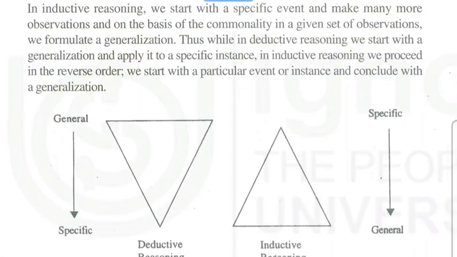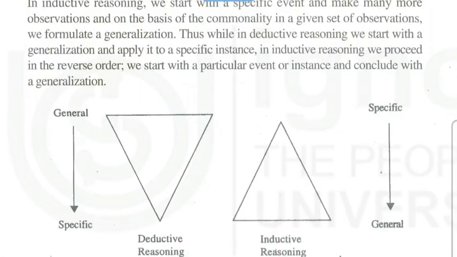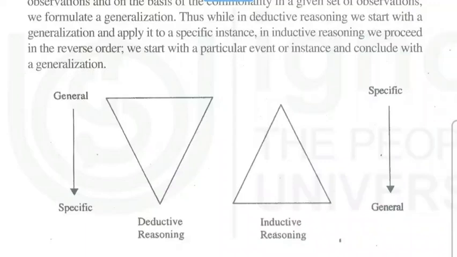Thus, while in deductive reasoning we start with a generalization and apply it to a specific instance, in inductive reasoning we proceed in the reverse order. We start with a particular event or instance and conclude with a generalization. General, specific, deductive reasoning. Inductive reasoning. Fig 3.1, deductive and inductive reasoning.